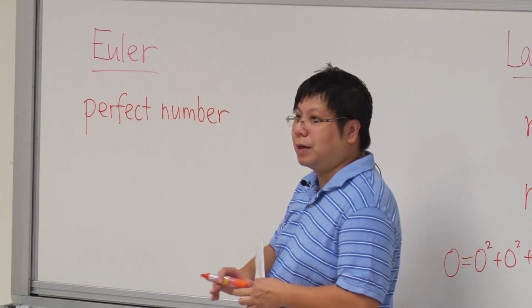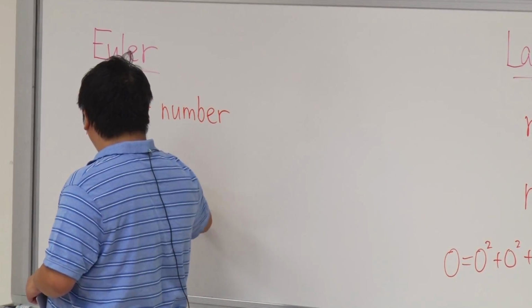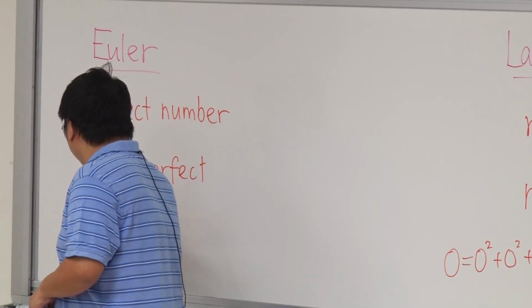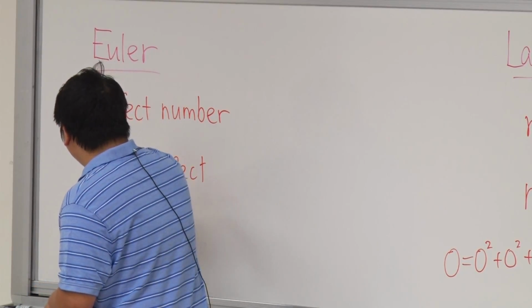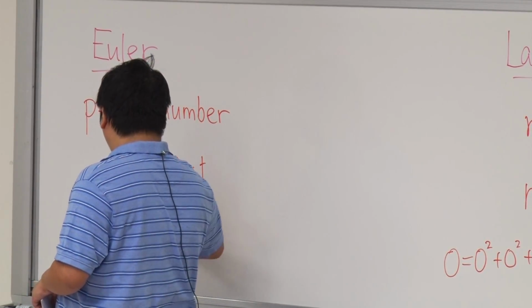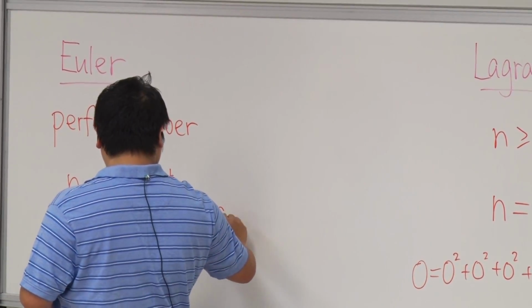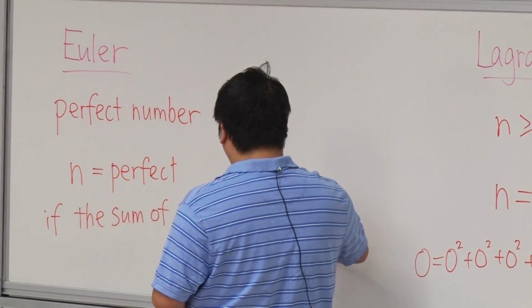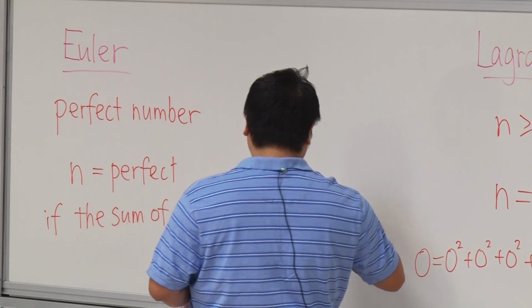So what is a perfect number? n is perfect if the sum of all the factors of n is equal to 2 times n.